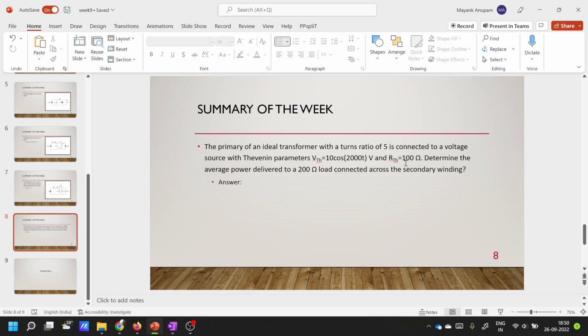Basically VTH is 10 cos something, RTH is 100 ohm. Determine the average power delivered to a 200 ohm load connected across the secondary winding. So let's simply take a screenshot of this.